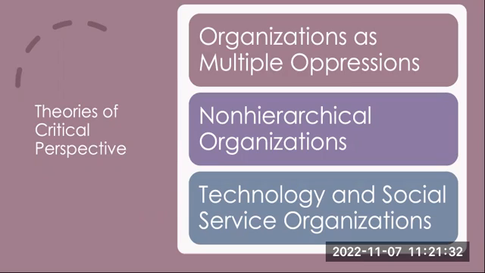Then we have non-hierarchical organizations. Organizations, like other human collective efforts, should be based on non-hierarchical power, energy that comes from egalitarian interactions of people and ideas. And finally, we have technology and social service organizations.